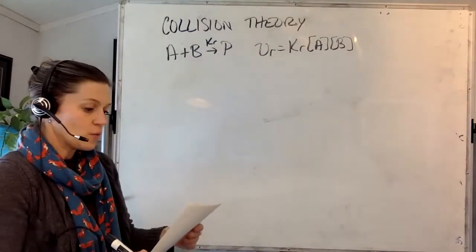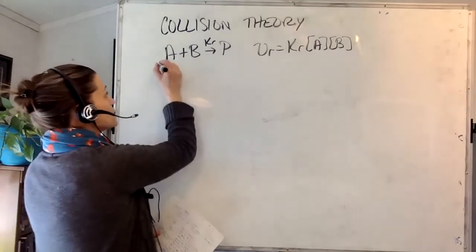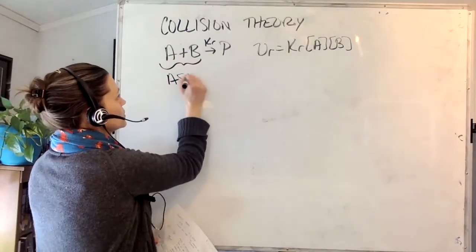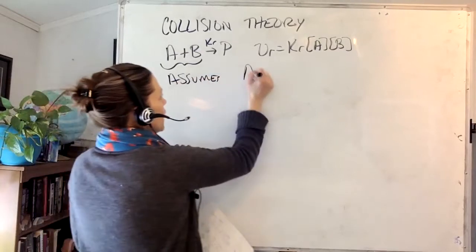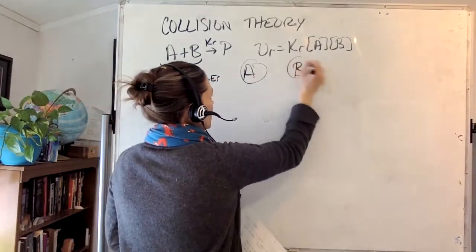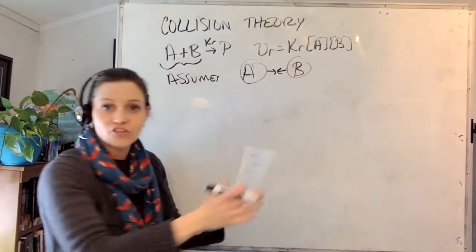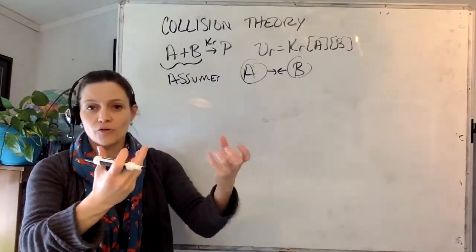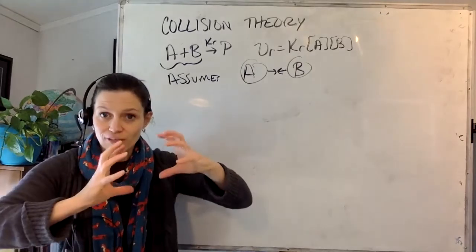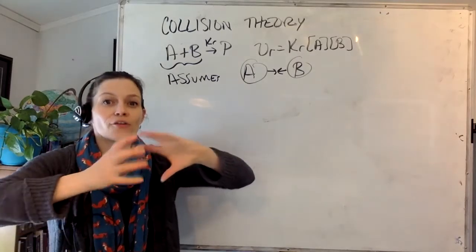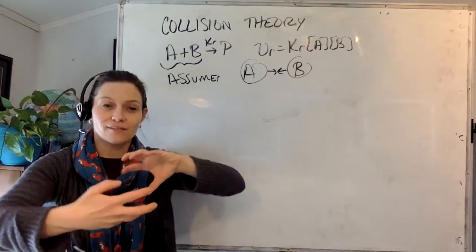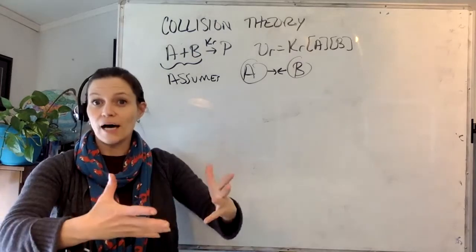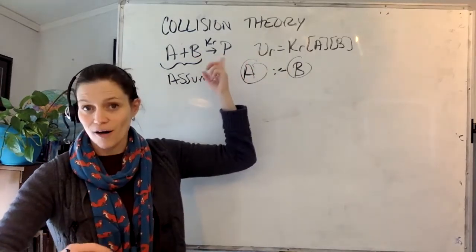Okay, but what I want to talk about is that this reaction assumes A and B actually meet each other, so that you have some sort of connection between molecule A and molecule B. And not only do you have a connection, but all of these other aspects of physics and chemistry of that moment align and yield a product.